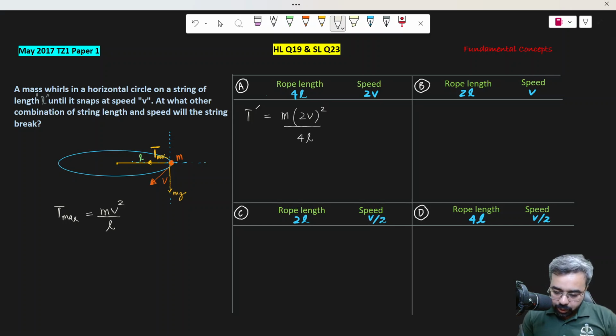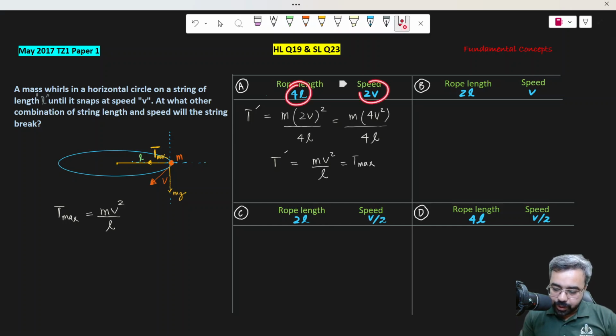So it is 4v square divided by 4L, and obviously you can see that it has become equal to T max. It means this is a combination of the length and the speed at which the string breaks. So the string breaks.